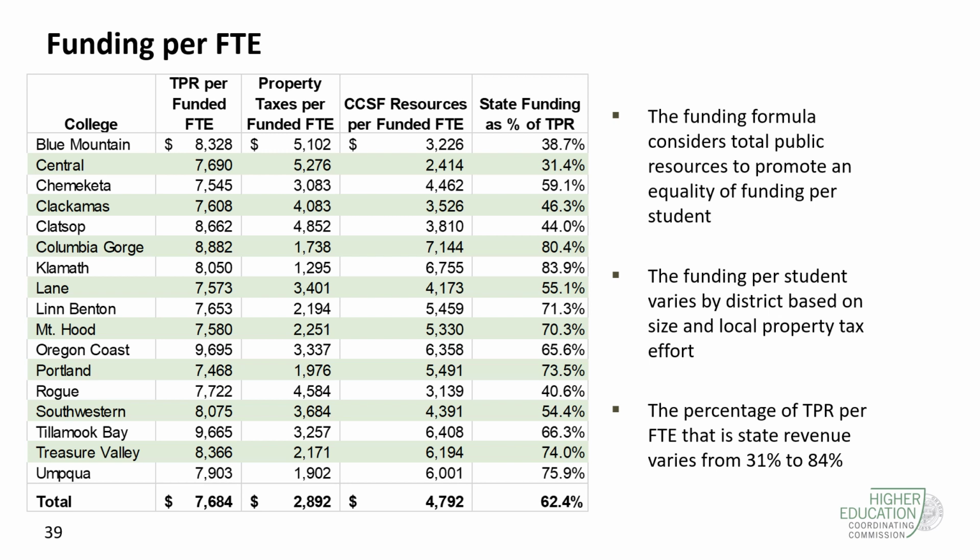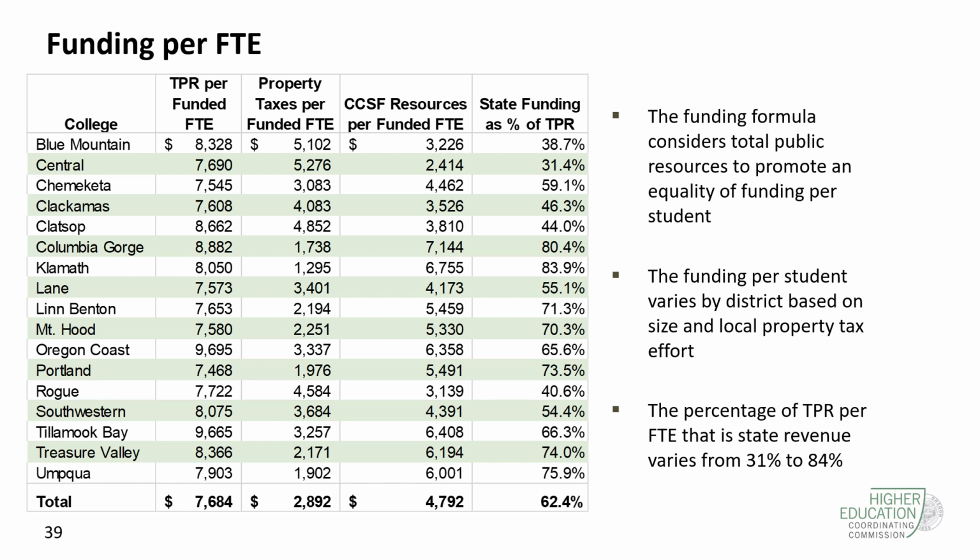But you can see of the $8,328 that Blue Mountain received, $5,102 of that, or 62% of that was for property taxes. So the state funding as a percent of their TPR was only $3,226 of their total, which is about 38%.